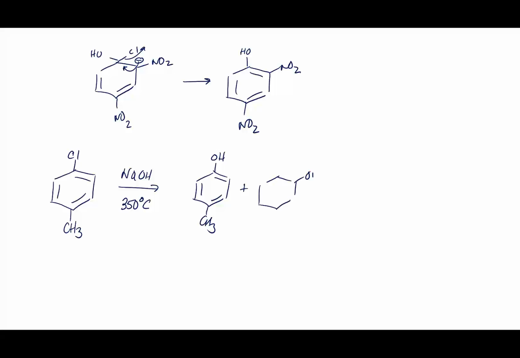They also found the OH substituting at the meta position, and basically they were 50% each. So what that basically says is that the mechanism isn't the same. So the mechanism for an activated ring is different than for a deactivated ring.